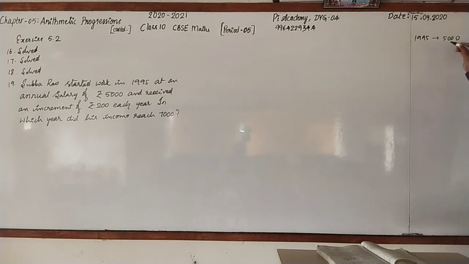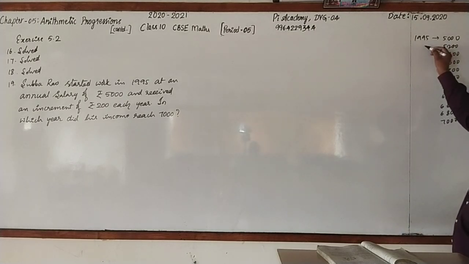Look here, 5,000 becomes 5,200. Next 5,400, 5,600, 5,800, then 6,000. Next 6,200, 6,400, 6,600, 6,800 and 7,000.